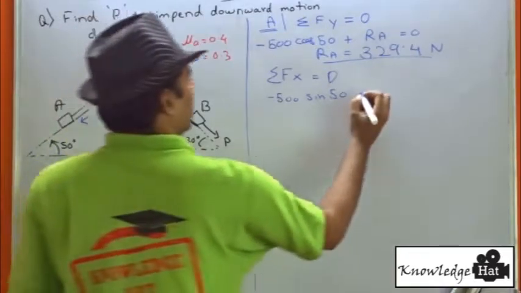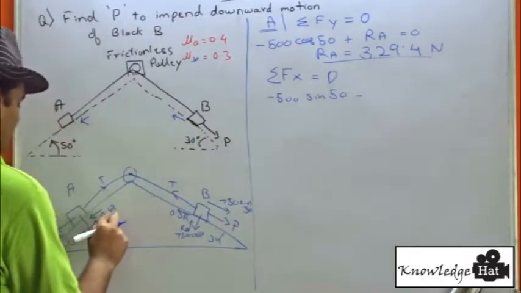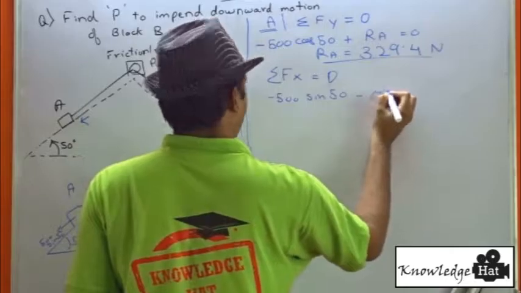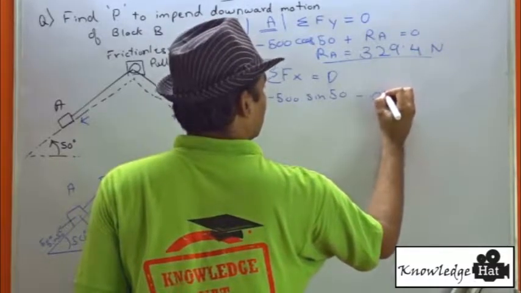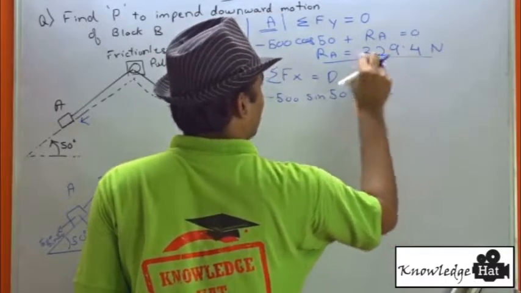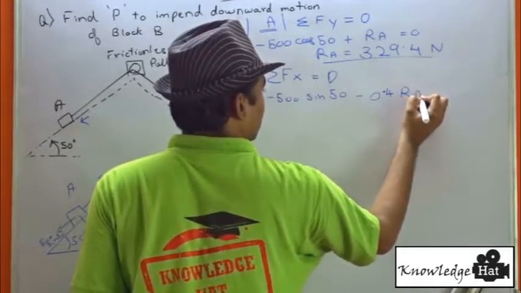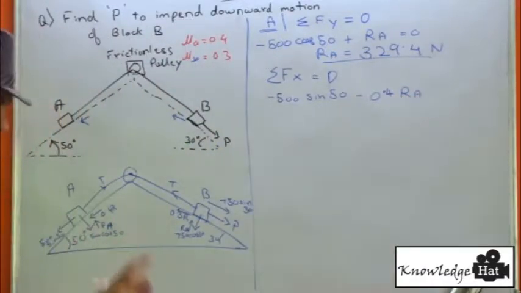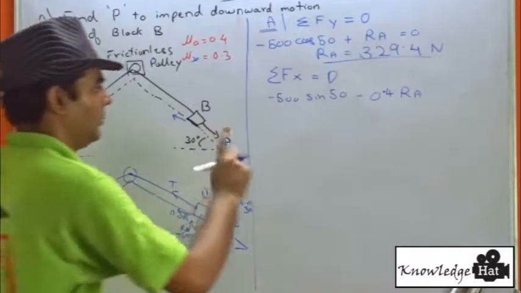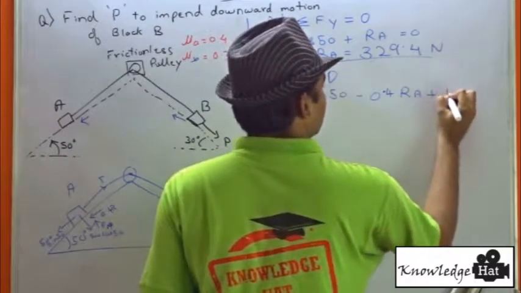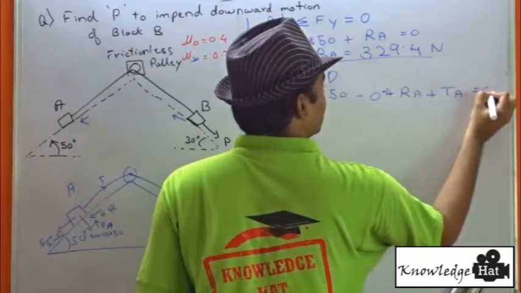So this will be minus 0.4 into RA that we have calculated. So this is known to us. The only unknown is T, which is in positive direction. So plus TA, and we equate this to 0.